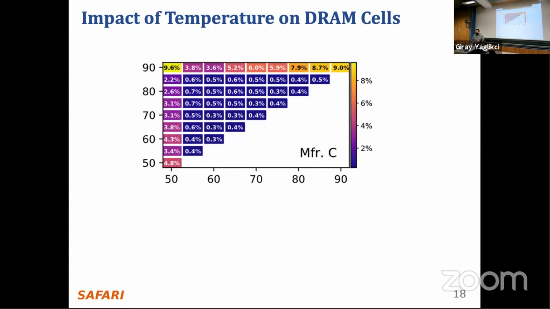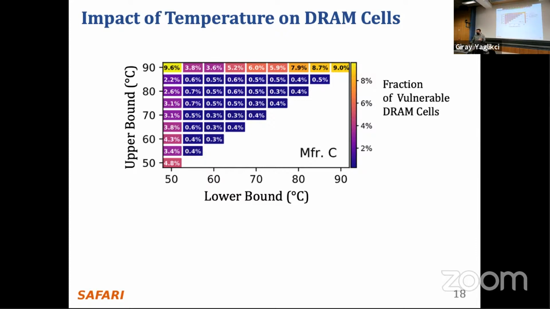And here we have a population density plot of DRAM cells. These DRAM cells are clustered based on their vulnerable temperature range characteristics. The x-axis shows the lower bound of the temperature, and the y-axis is the upper bound. The percentages and the colors in this plot show the fraction of vulnerable DRAM cells that fall into that particular region.